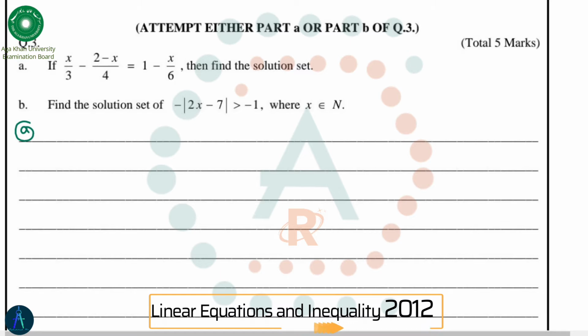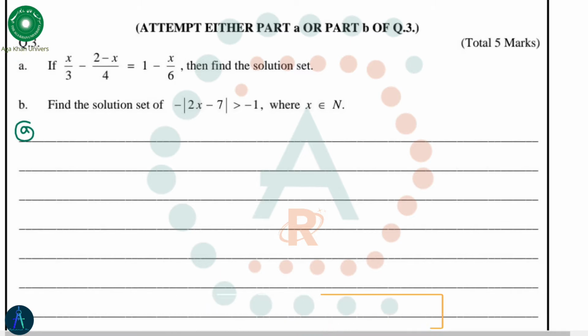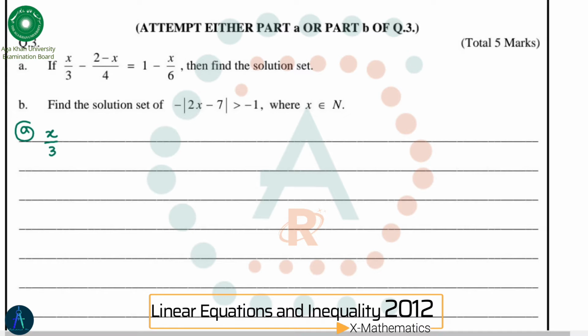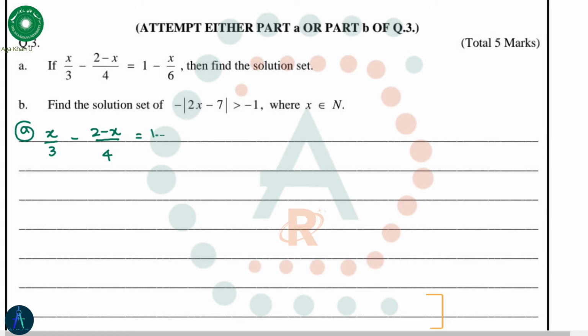In part A, we have got a simple linear equation. We have to find the solution set. The equation is (x over 3) minus ((2 minus x) over 4) equals 1 minus (x over 6).